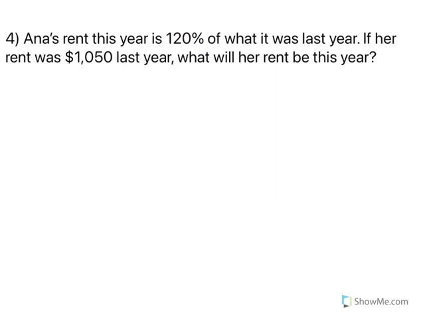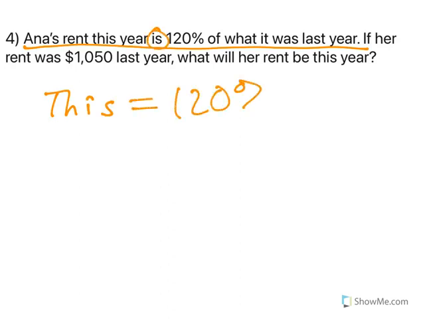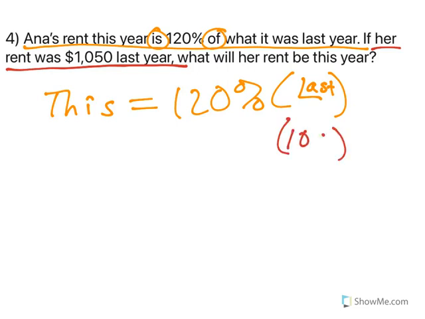Number 4, Anna's rent this year is 120% of what it was last year. Let's just start there. I'm not even going to read the rest of this. So this year is 120% of last year. Okay, so at least I have a sentence. Now, what do I say? If her rent was $1,050 last year, so that means last is $1,050, what will her rent be this year?